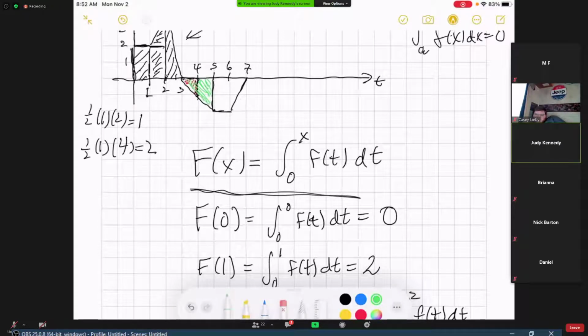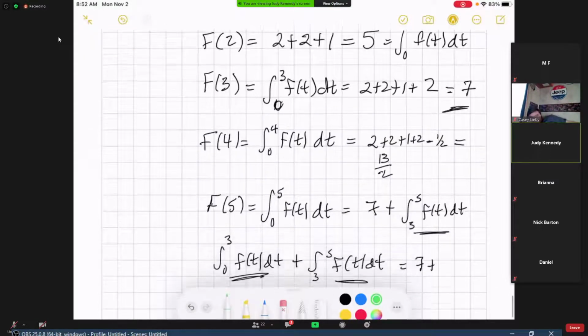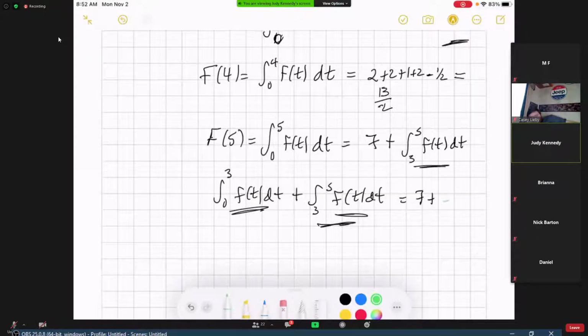So 3 to 5, that's got base 2, height 2, well, actually negative 2, which would be a minus 2. So this would be 5.